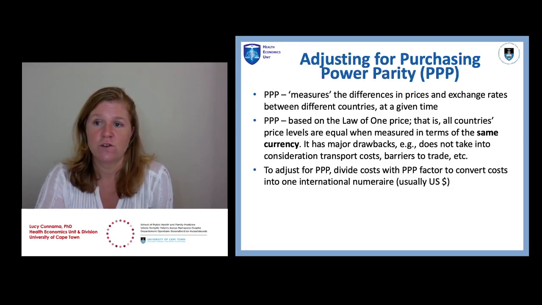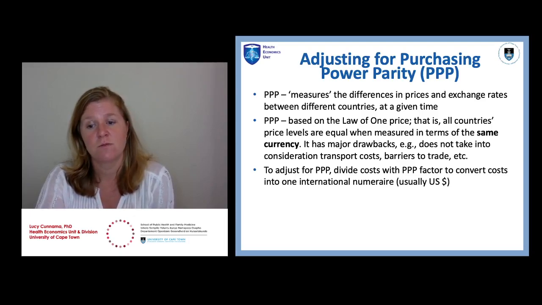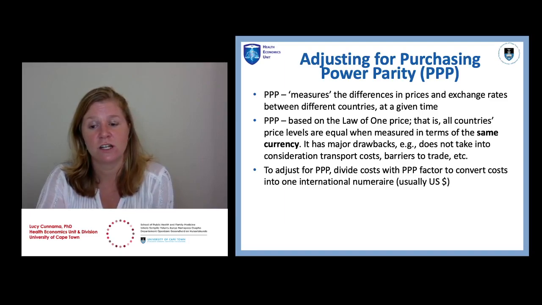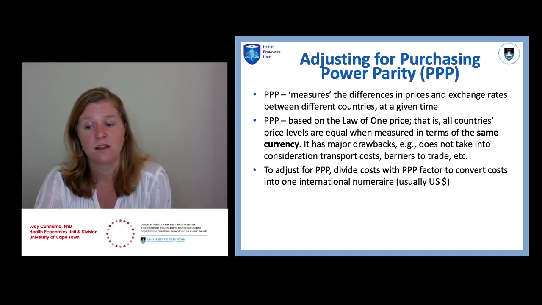In terms of adjusting for purchasing power parity, this measures the difference in price and exchange rate between different countries at a given time, and it's done in order to understand how much something costs in one country relative to another, and this is done to convert to international dollars.